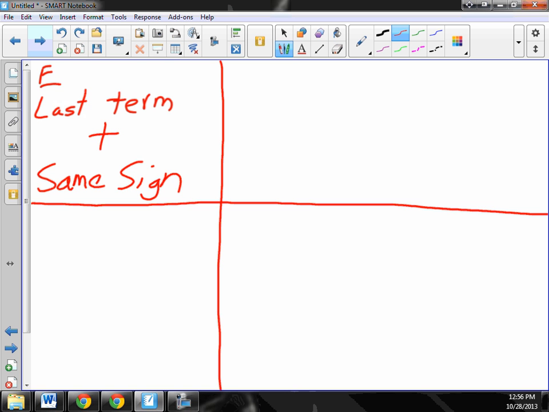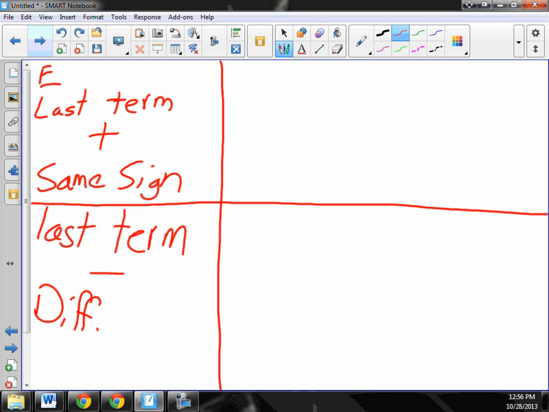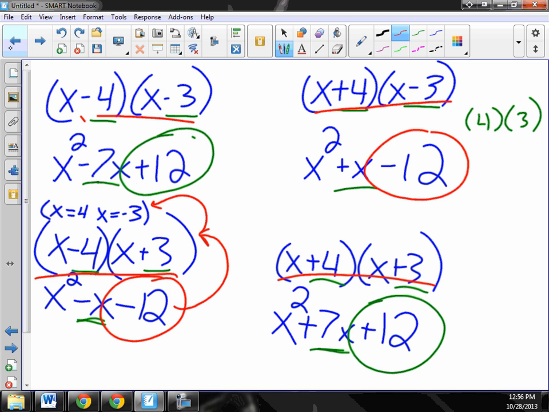Likewise, if the last term is negative, then we have different signs. Does everybody get that? So without even looking at the numbers, if I see a plus here, then it's either minus, minus, or plus, plus. Those are the only two options. If I see a negative here, it's either negative, positive, or positive, negative.